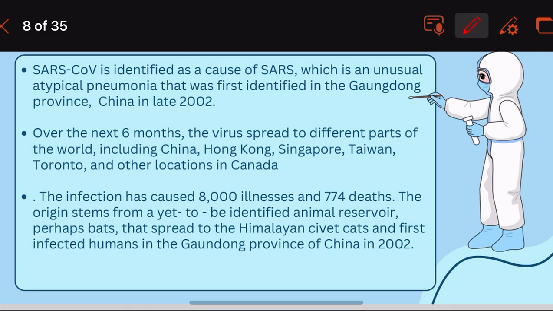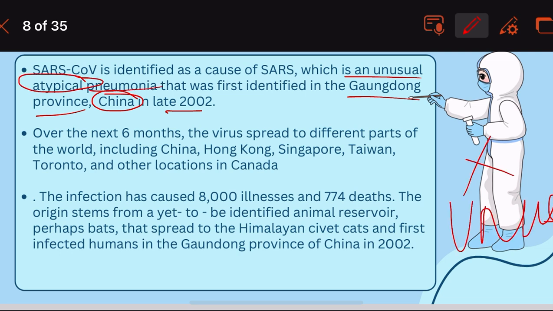So we are discussing the emergence of coronavirus. The patient was identified as having unusual atypical pneumonia, not the usual pneumonia.